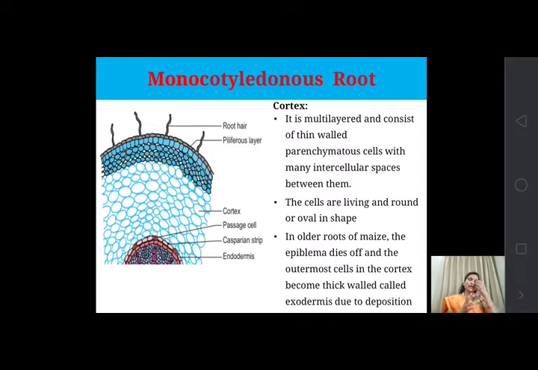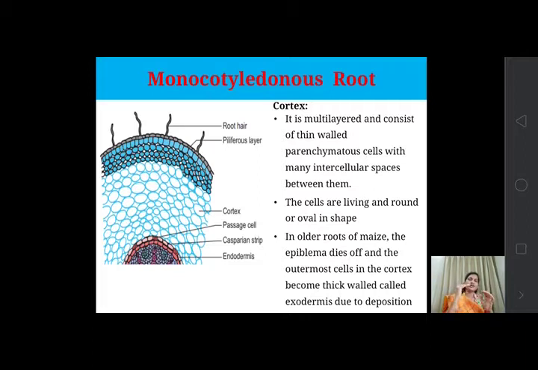Its function is to give protection to the inner cells of the root body. The thickening is due to the deposition of suberin. It happens only in older roots, not in young roots.